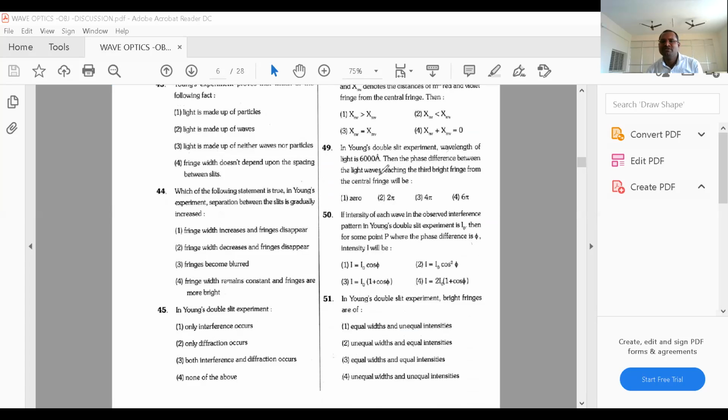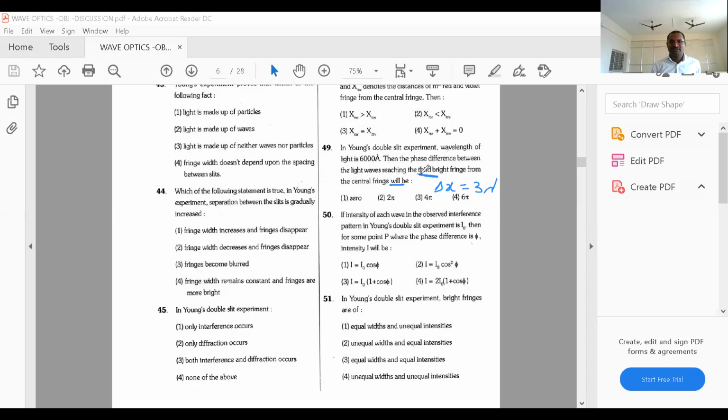Then find the phase difference between light reaching the third bright fringe from the central maxima. As we know, the path difference for the third bright fringe is equal to 3 lambda. The path difference for bright fringes is n lambda, and for dark fringes it is (2n minus 1) into lambda by 2. You have to remember that.